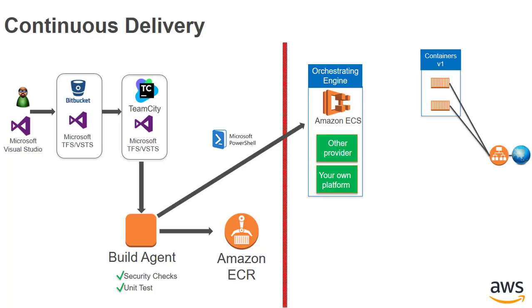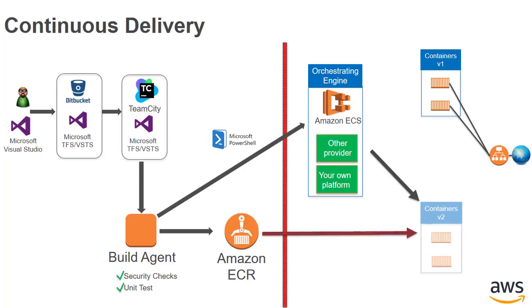So once you invoke ECS to render this image, ECS is going to pick this image from ECR and then render it as the version 2 of your application in its cluster. It can take this image from Docker Hub if you want, but in this case we are using Amazon ECR.